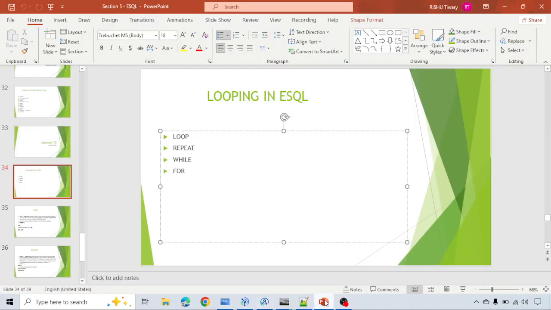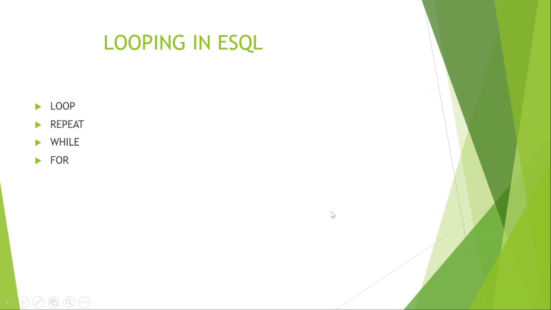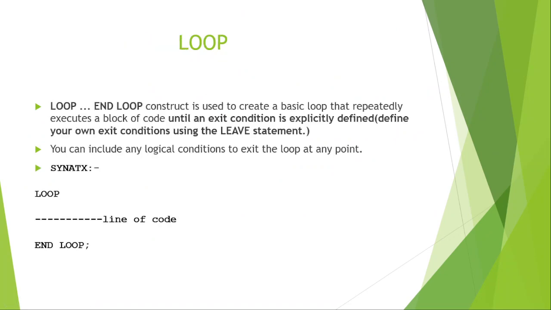Now, before going to learn the loop, let's understand the syntax of the loops and the difference between them. This is the first type of loop. The syntax is LOOP, the line of code, and END LOOP.